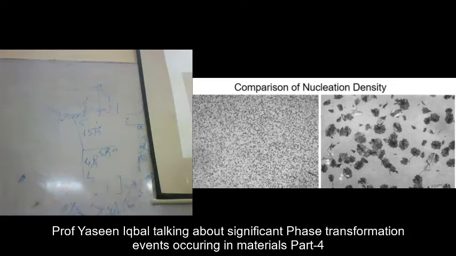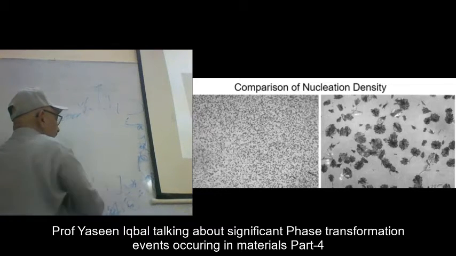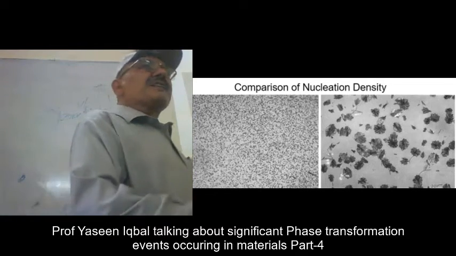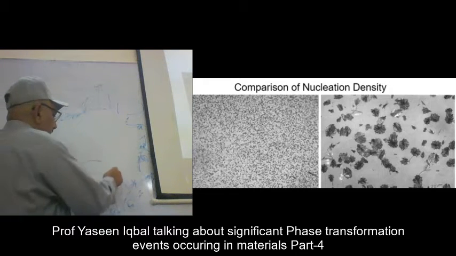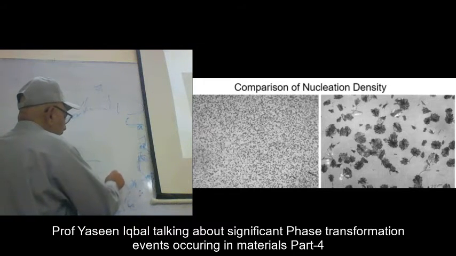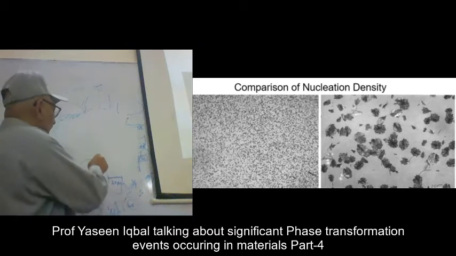Here, this is 20 micrometer, this scale. How do you say this is 20 micrometer and this is 10 micrometer? This is a crystal. The scale is this, 20 micrometer scale. So you have a scale bar on the image. And this is a crystal.